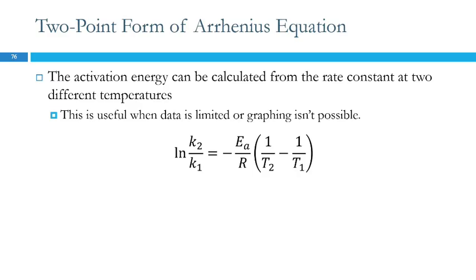I can show you later if you want to know. So this is the 2-point form. Now instead of the log of the rate constant, we have the log of the second rate constant over the first rate constant. That's equal to negative EA over R times 1 over the second temperature minus 1 over the first temperature. And we've lost the plus log of A.